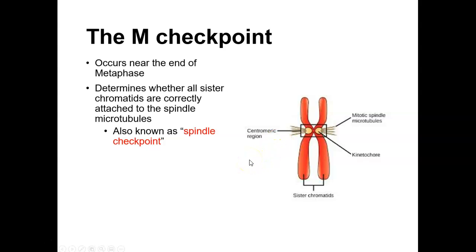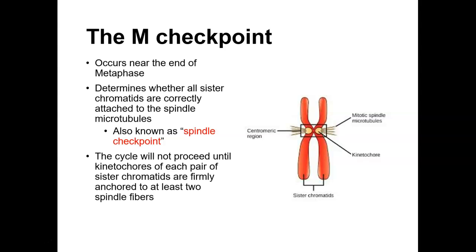Because if they're not, then when the kinetochore dissolves and they get pulled to opposite ends, then you will have mistakes. So the cycle will not continue on until all the kinetochores of each pair are firmly anchored to at least 2 spindle fibers.